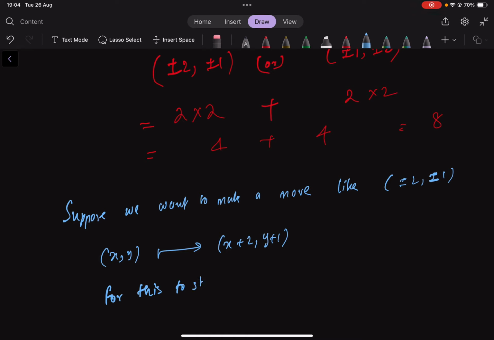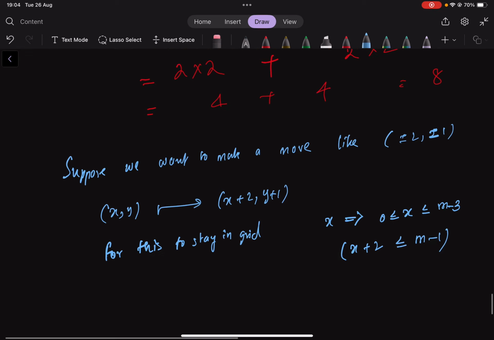So x must satisfy 0 less than or equal to x less than or equal to m minus 3, because x plus 2, the horizontal move, should be less than or equal to m minus 1. And similarly, y must be less than or equal to n minus 2, since y plus 1 must be less than or equal to n minus 1.